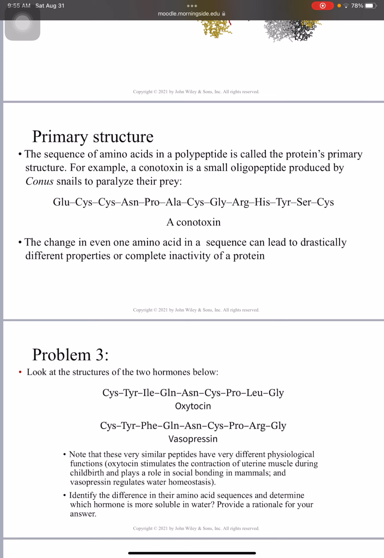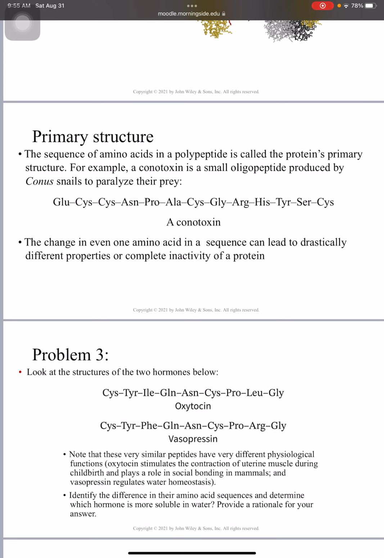At the N-terminus end, we would have glutamic acid, and at the C-terminus end, we would have cysteine. This particular one is something called a conotoxin, produced by certain snails to paralyze their prey. Interesting, I didn't know that myself. So, there you go. Lots of interesting applications of peptides and proteins.